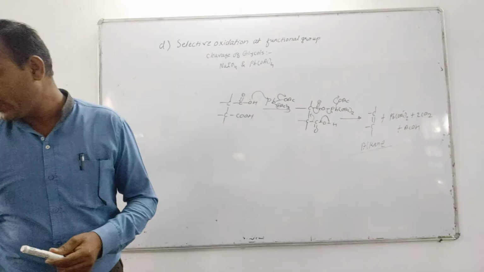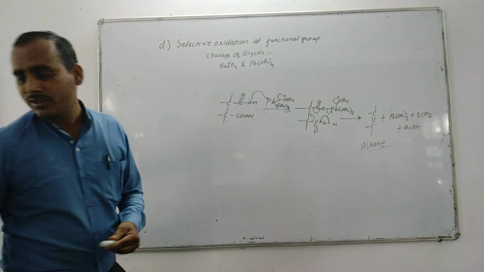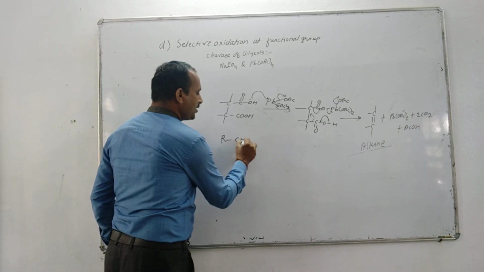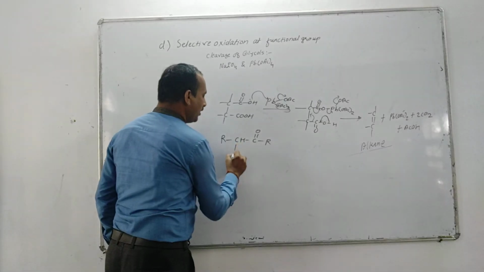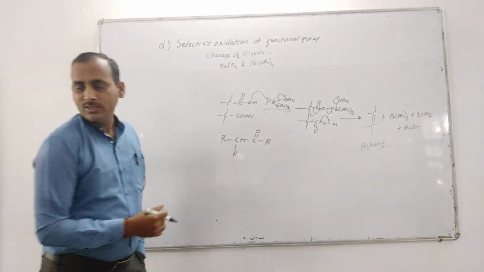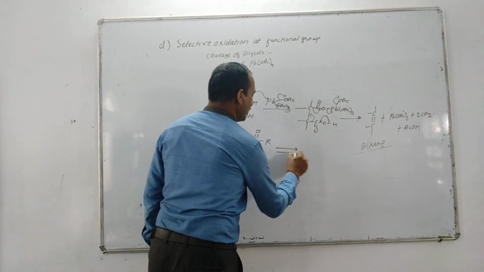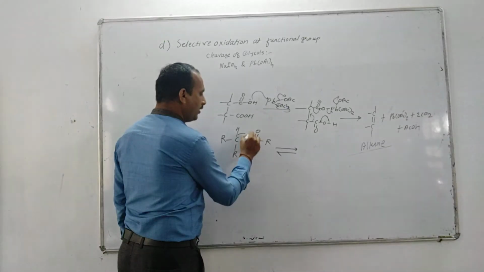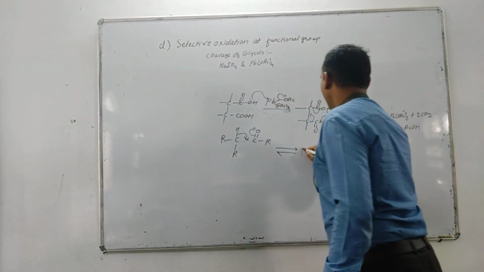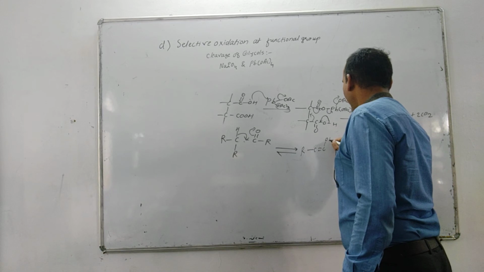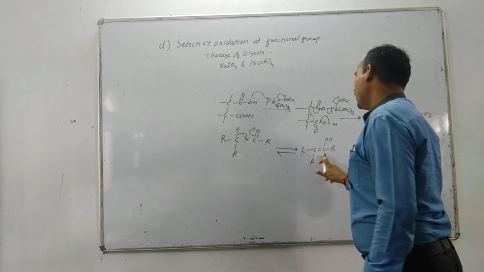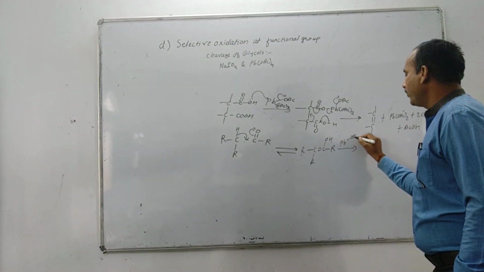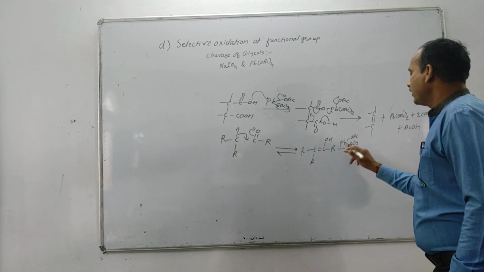Okay, let's see more examples of the oxidation. Another type of example, R CH2 C double bond O R. Now on enolization, this proton shifts onto oxygen to form the enol, R C double bond C OH R. Now this enol is treated with lead tetraacetate, Pb(OAc)4.